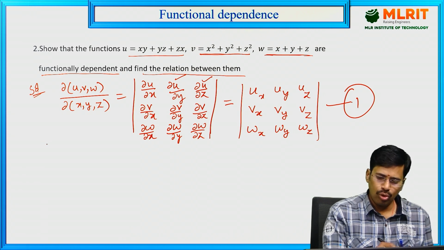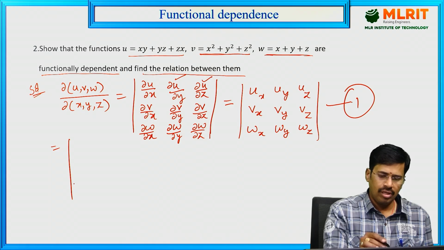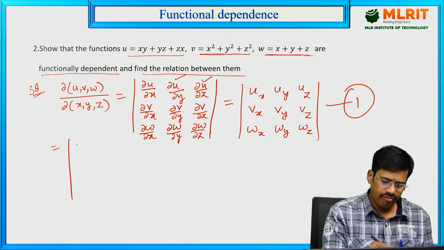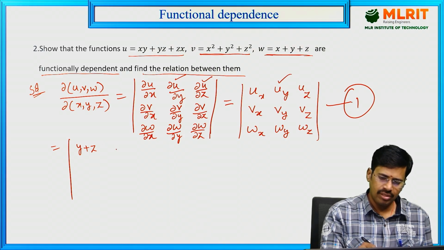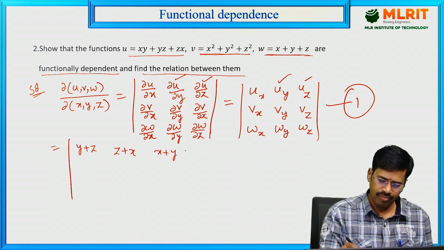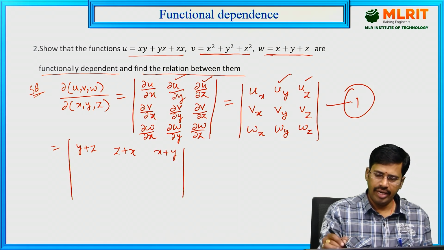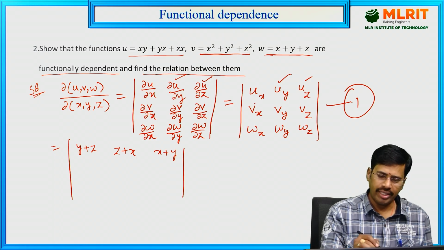So what is dou u by dou x? With respect to x we are differentiating, so we get y plus z. Dou u by dou y means z plus x. Dou u by dou z, that means we get x plus y. Next coming to dou v by dou x.